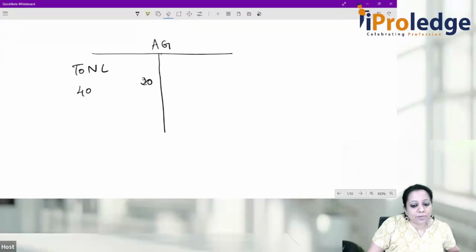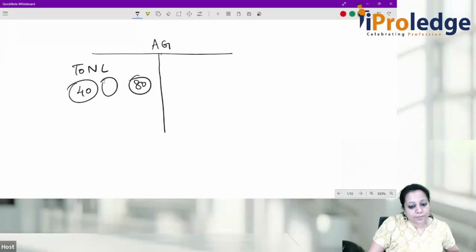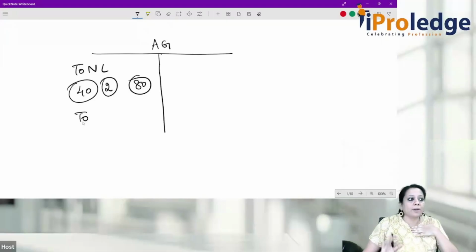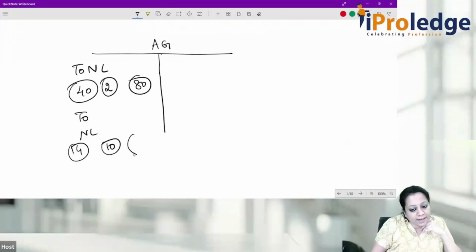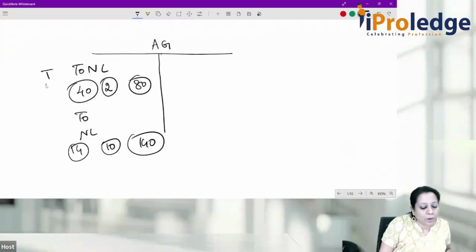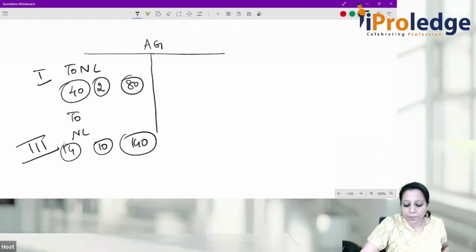Oh, 80 is the amount. So again, I'm repeating, please don't get confused. This problem we have done yesterday. Only normal loss we are going to do. All this is already done. Process 3 normal loss is 40 quantity, 10 rate, and 140 is the amount. Correct? This is from 1 and this is from 3.